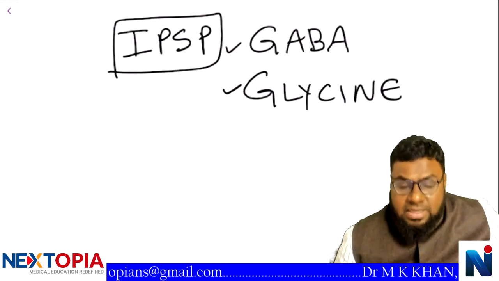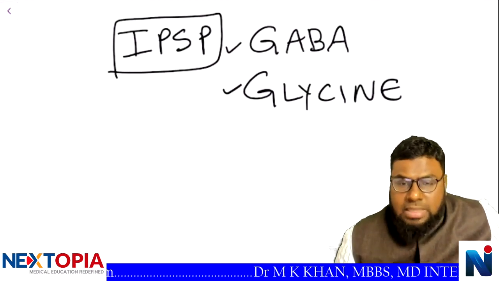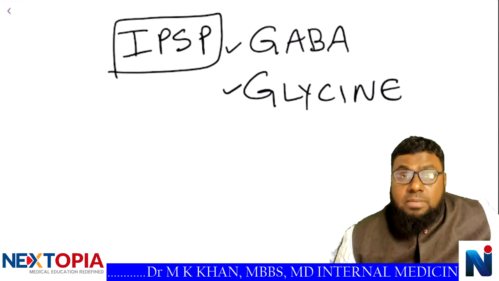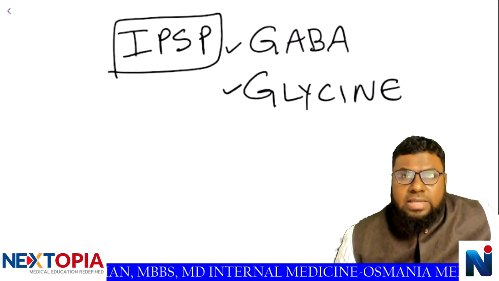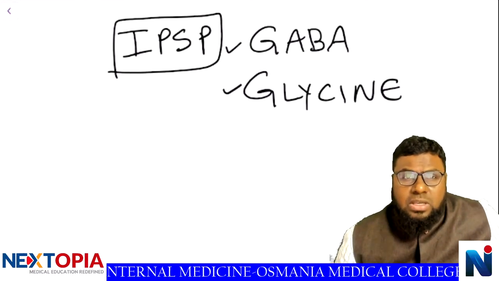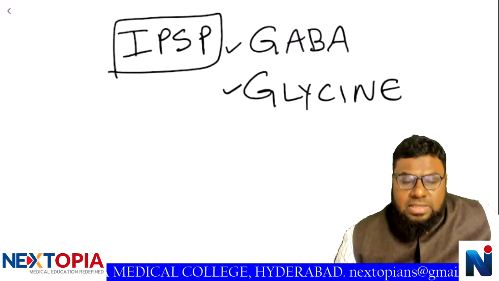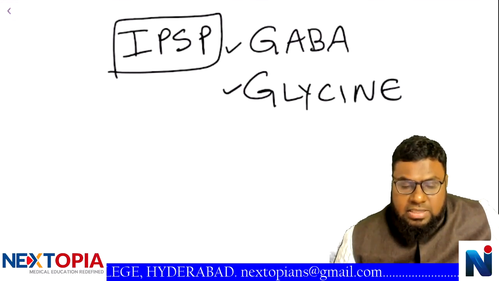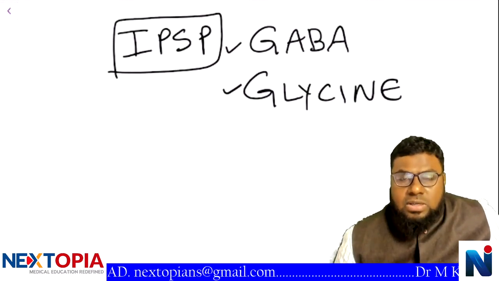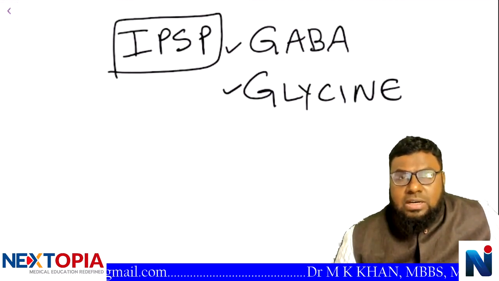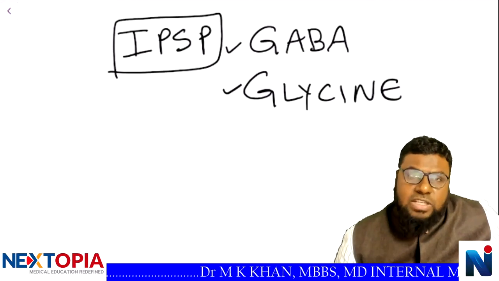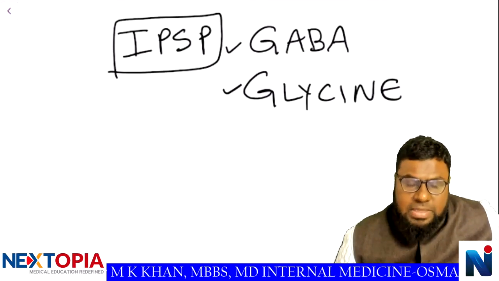Name a drug which increases the GABA channel activity. It is the benzodiazepine. If somebody is more excited and is not sleeping, you give benzodiazepine, sedatives and hypnotics, so that his GABA receptors are getting stimulated, which increases chloride conduction and causes inhibition of the action potential in the neuron, and the patient sleeps.